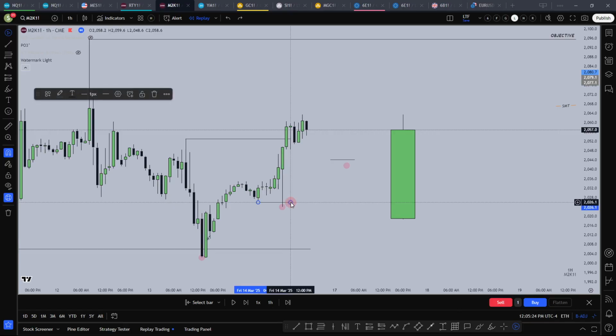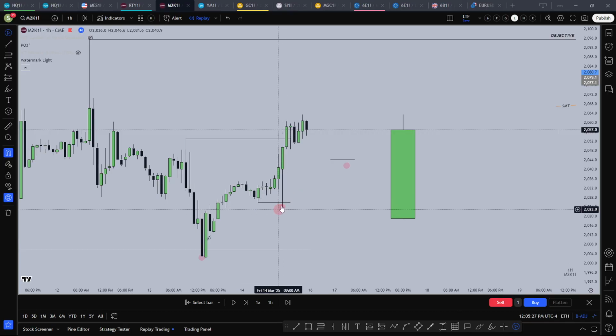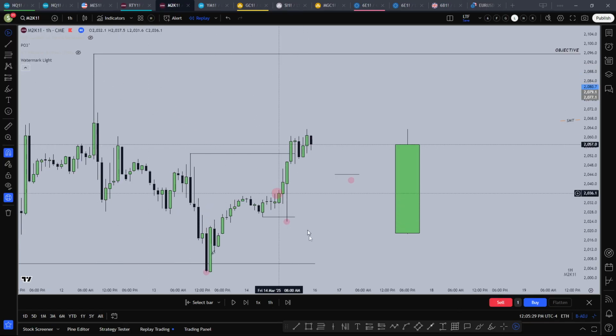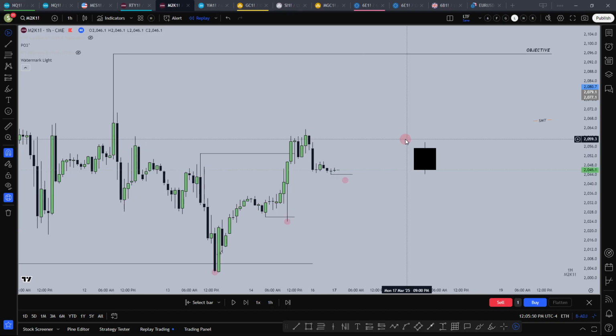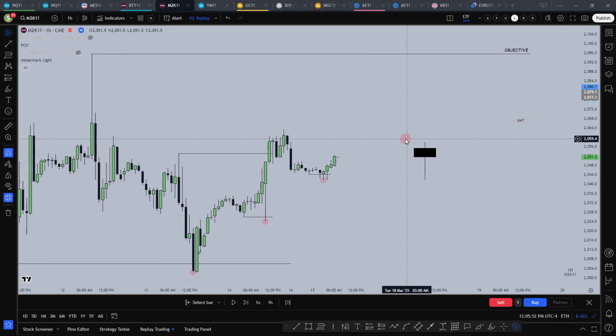Make sense? This got rejected. So even if you were to frame here, hourly expectation, hourly expansion expectation, hourly key level, how would you frame that? 3 minute, 5 minute, 1 minute MMXM, right? I want to go that much deeper now because we are talking about the next day.